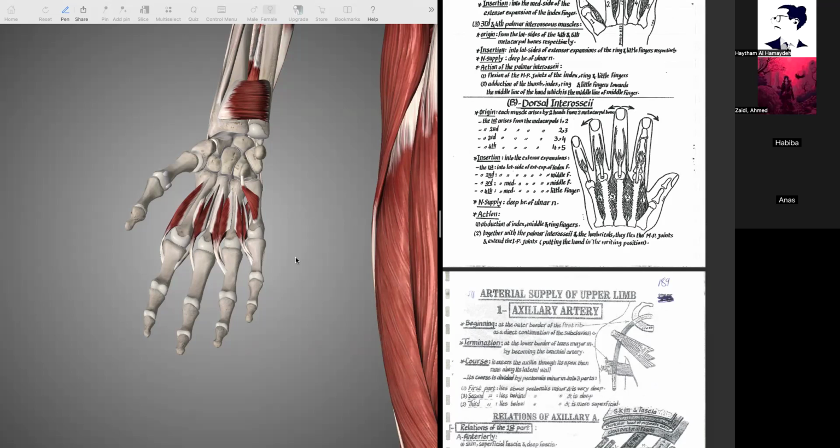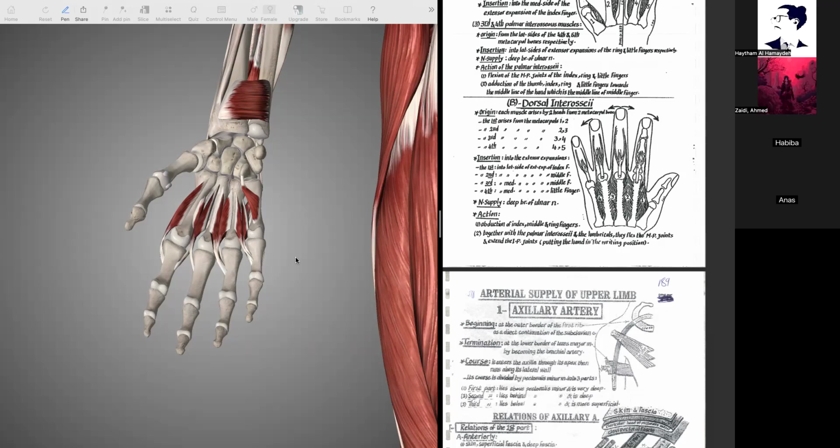Now, look how much I've said. You can go further and start by saying, okay, now I will talk about the innervations of all. You say this group is innervated by that, this group is innervated by this. And then you go further and say, okay, now I will talk about origins and insertions for each and the action.